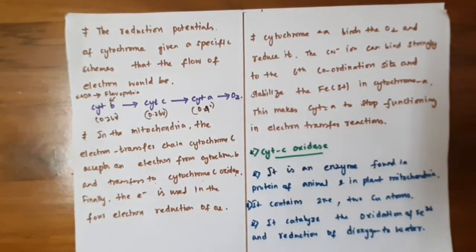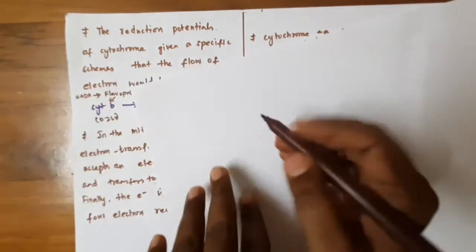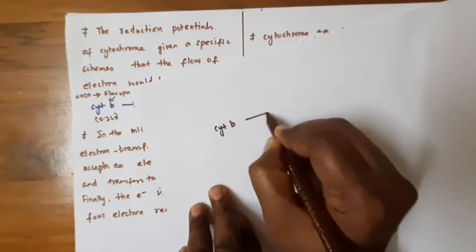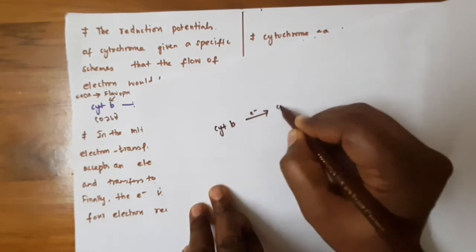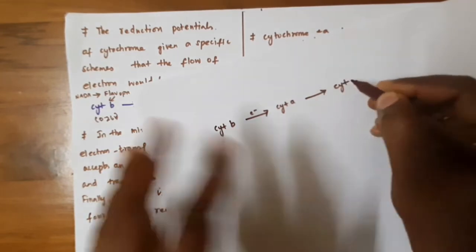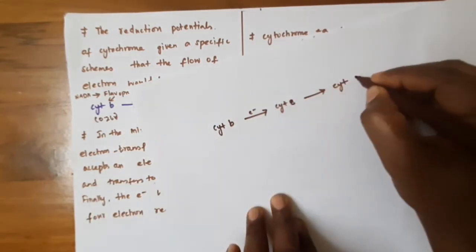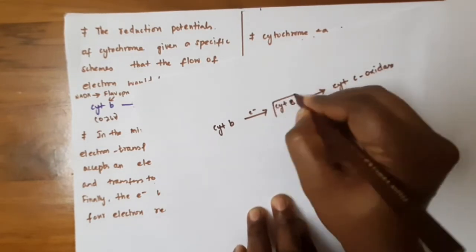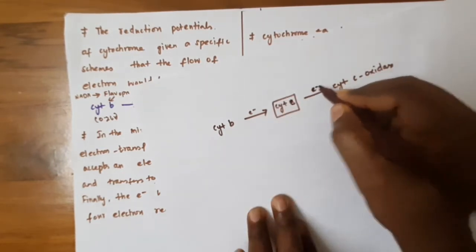Mainly, I will write in another paper, cytochrome B passes the electron to cytochrome A and then to cytochrome C, then to the cytochrome C oxidase enzyme. This is very important in the case of electron transport.